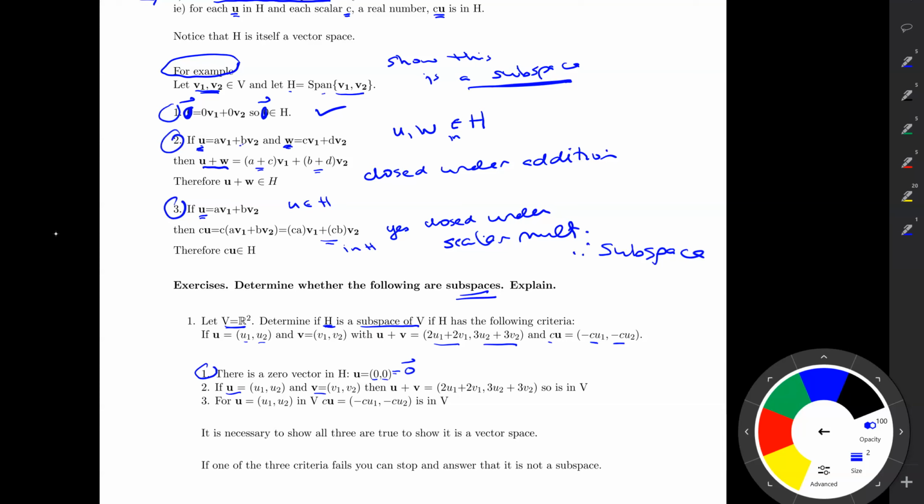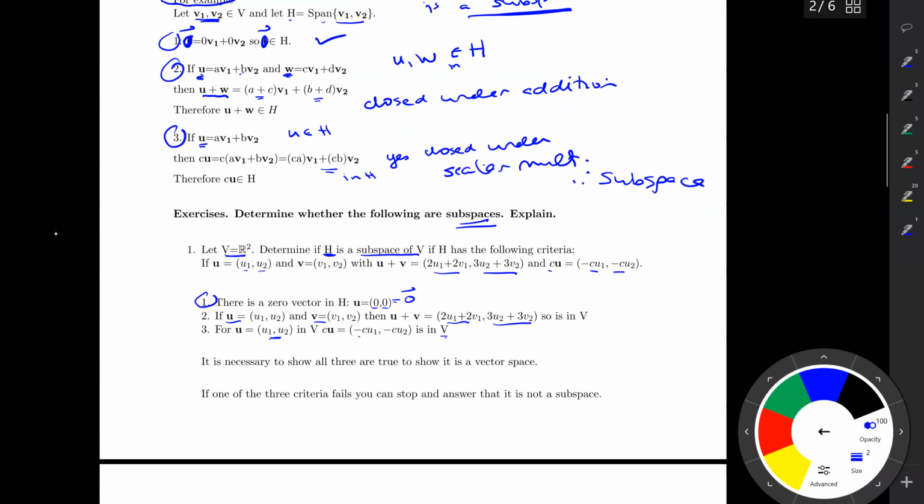Yes, even with this weird rule of addition, I add them together, I stay in R2 and in this specific subspace. Third thing, if I have a vector and I multiply it times a constant, does it stay in the subspace? Yes, if I multiply by the negative, it just stays in the subspace, so it satisfies the criteria.